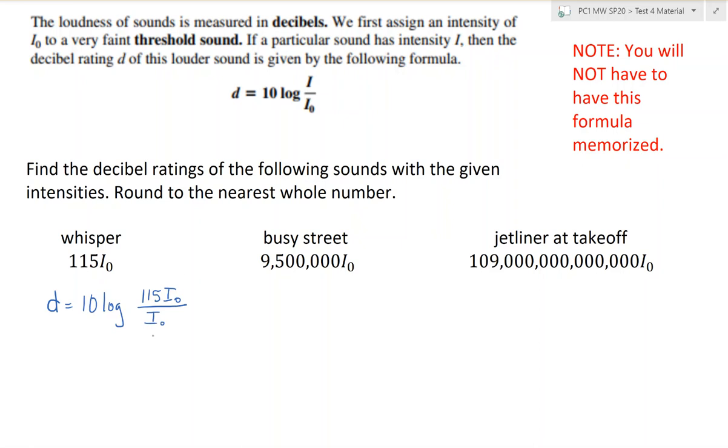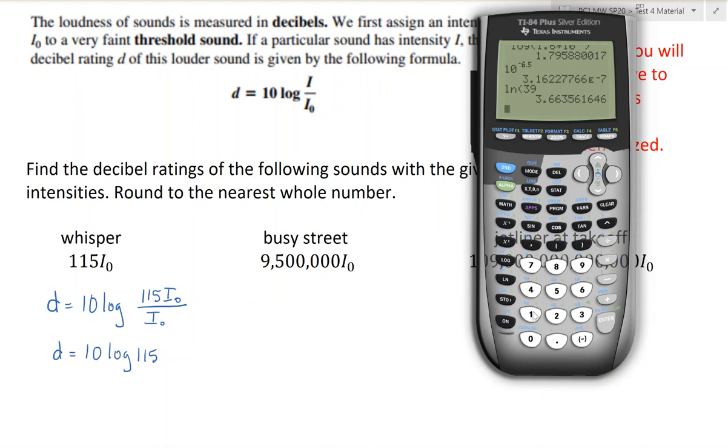Of course, your I sub O's will cancel, so the decibel rating is going to be 10 times the log of 115, and we put that into the calculator. 10 times the log of 115 gives us about 21 decibels.